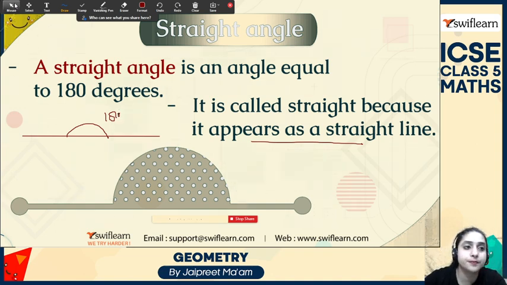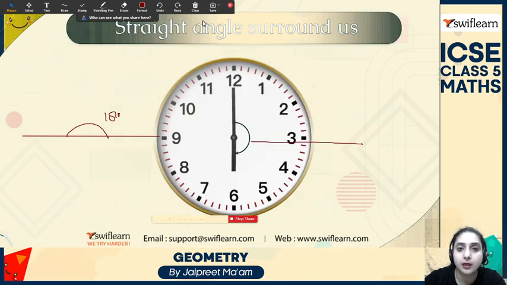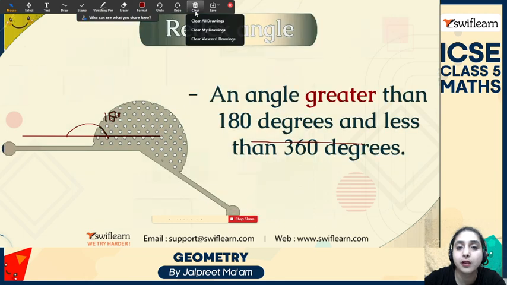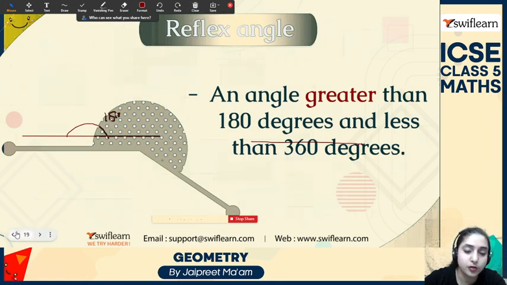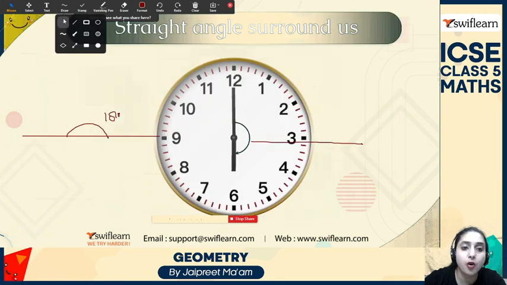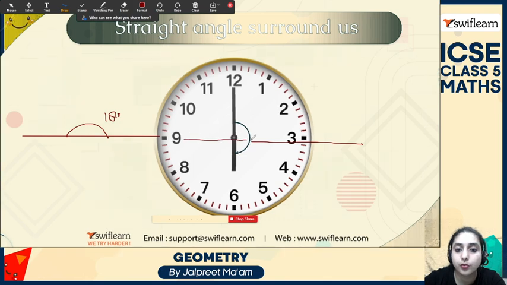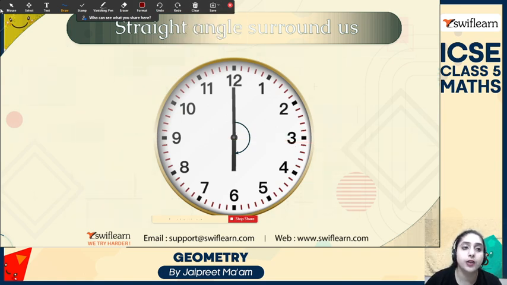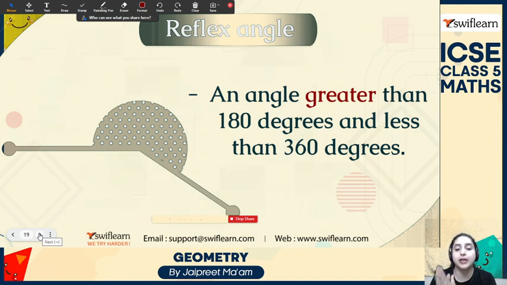Okay, so let's move further. Let's see an example. For example, 6 o'clock is making a straight angle, and this measure is 180 degrees.